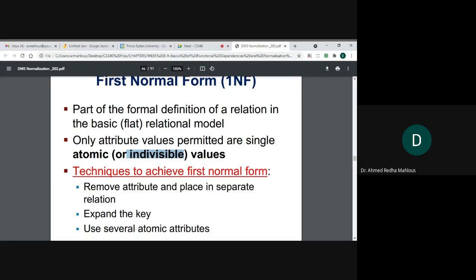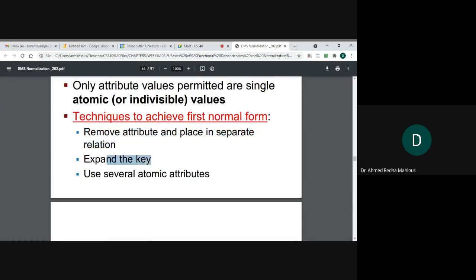If you see that you do have a composite value, you should divide it. We remove the attribute that is not atomic and place it in a separate relation. We create another relation where we put the value of that attribute and we expand the key. Expanding the key means we take the primary key of the parent and add it also to the new relation.